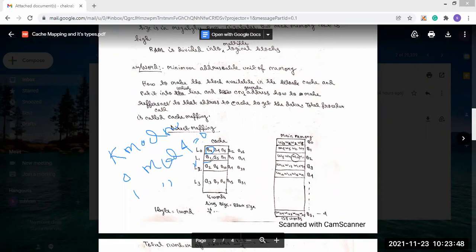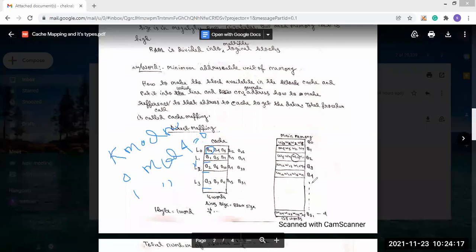Then if we do 2 mod 4, for block number 2, the remainder will be 2. So block number 2 will go to line number 2. Same procedure: block number 3 will go to line number 3.